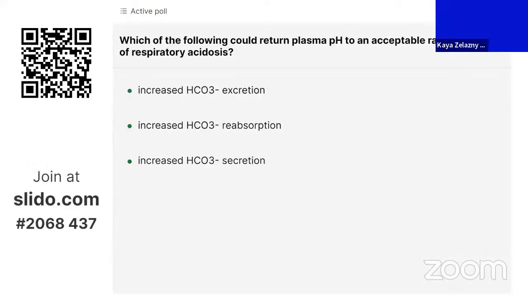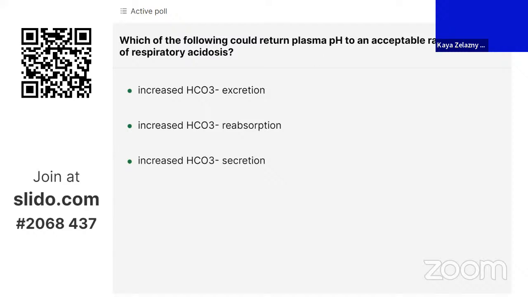So if we think about that balance between carbon dioxide and bicarbonate, say you're in the situation of respiratory acidosis. So you've got extra carbon dioxide in your blood.